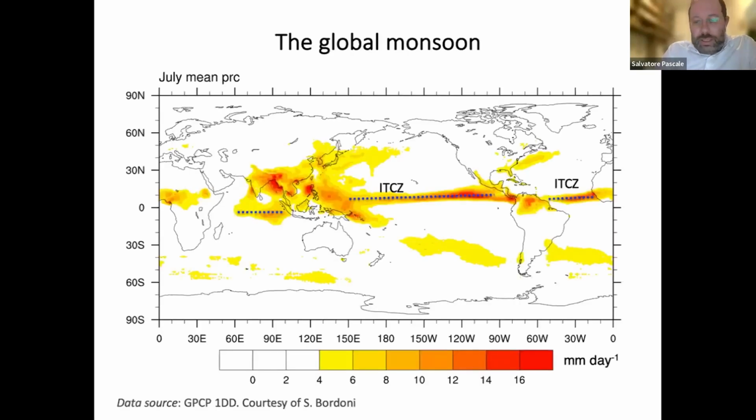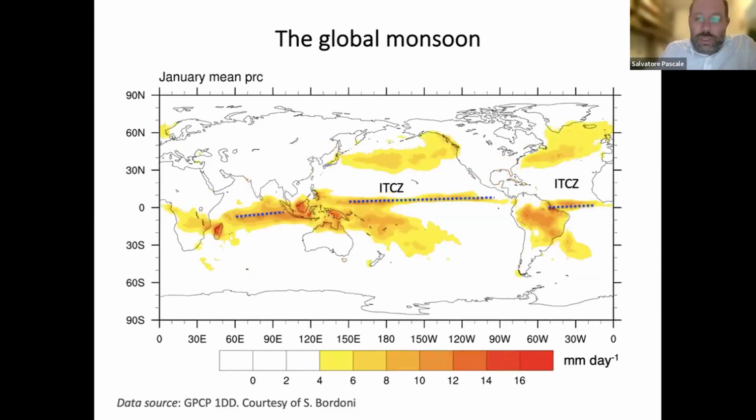As was said by Alice in the introduction, the regional monsoons are a regional manifestation, a regional declination of a wider global system, which we call the global monsoon, and which is associated with the seasonal shifts of the tropical rain bands over land.